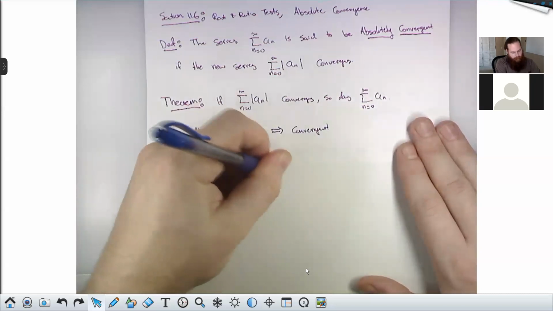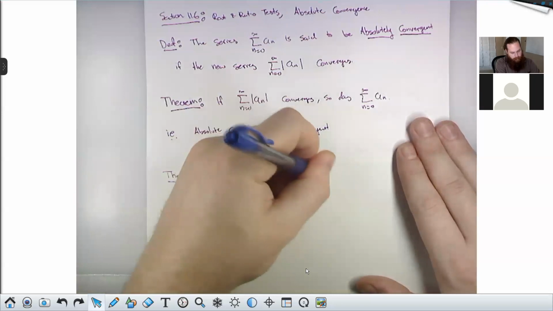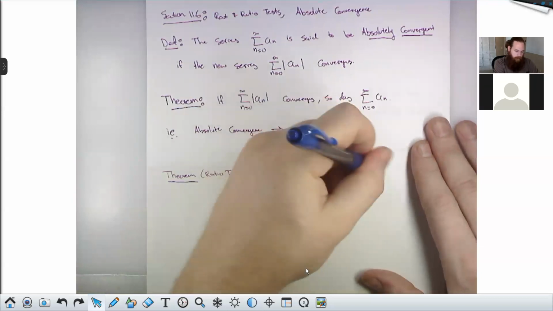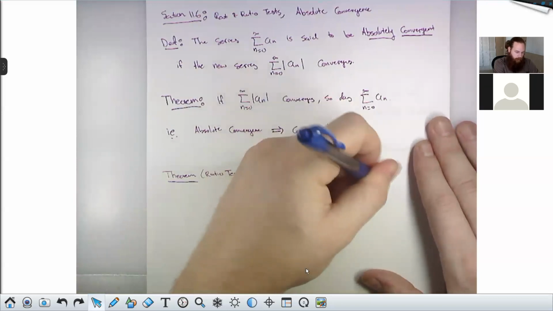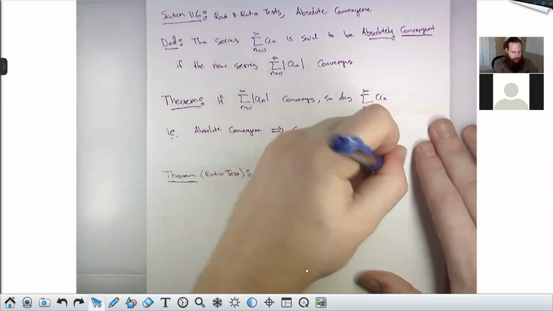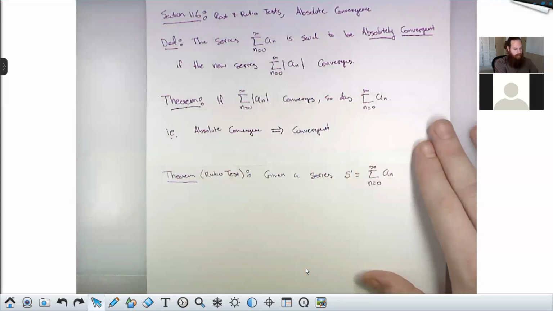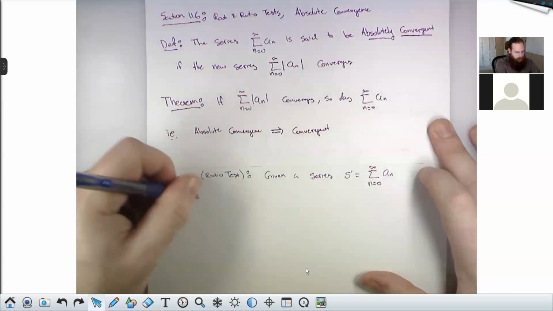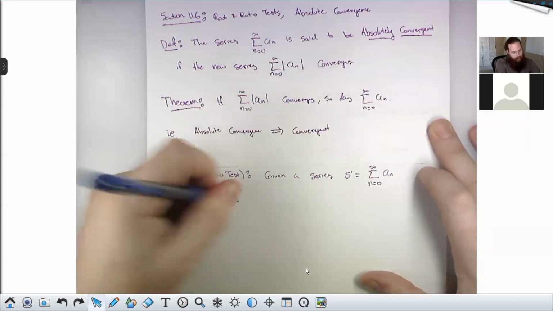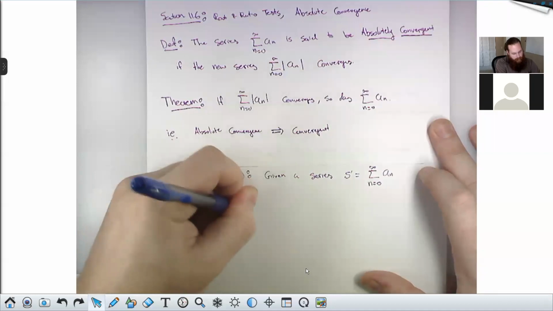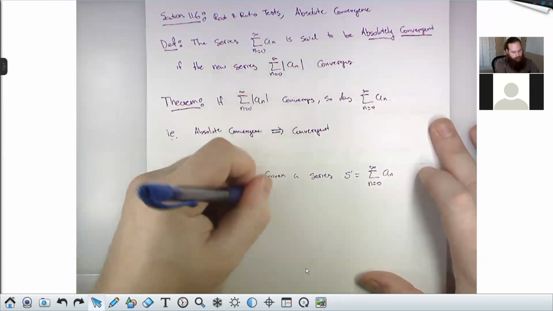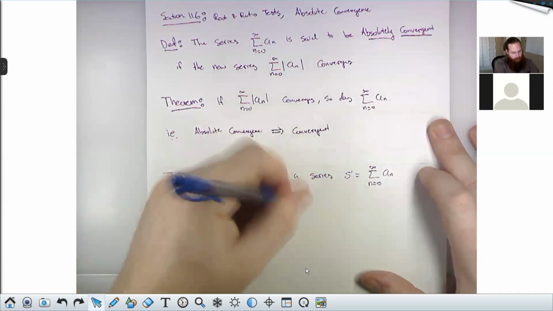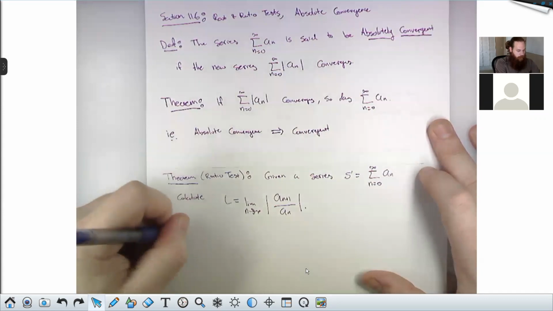Given a series S equals sigma n from wherever, I'm going to say 0, but it could be from anywhere else, of an, calculate L as the limit as n goes to infinity of the absolute value of an plus 1 over an. 3 cases.